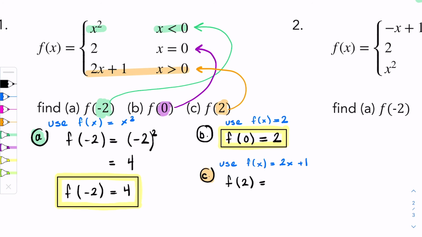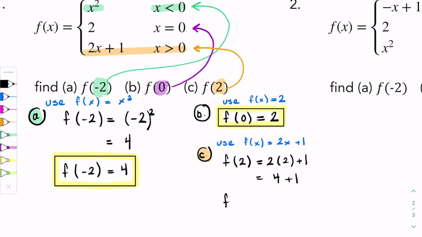F of 2 is equal to 2 times 2 plus 1. This is equal to 4 plus 1, or f of 2 is equal to 5.